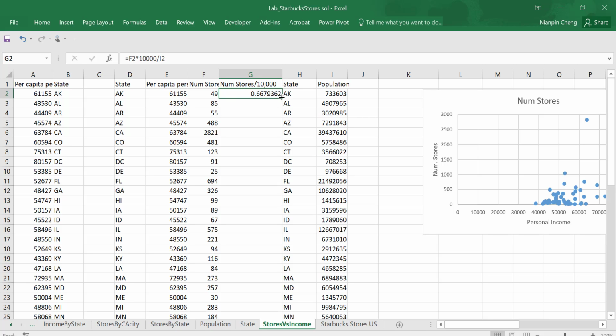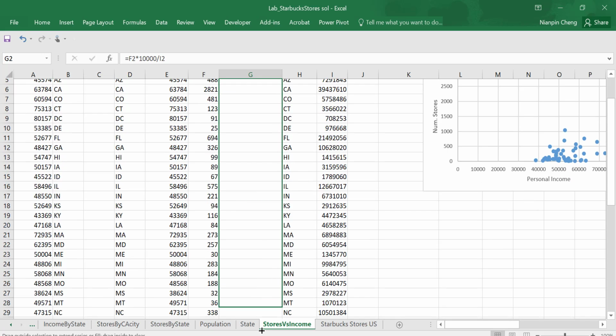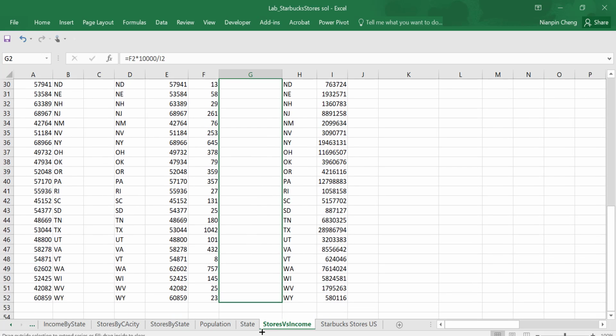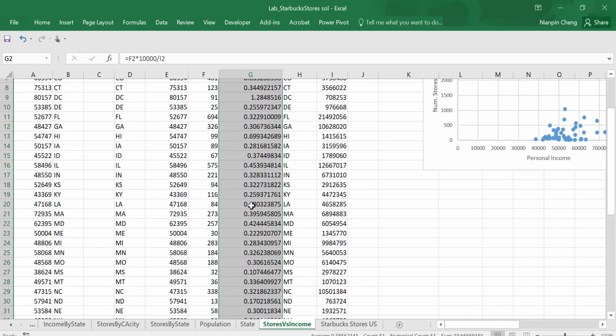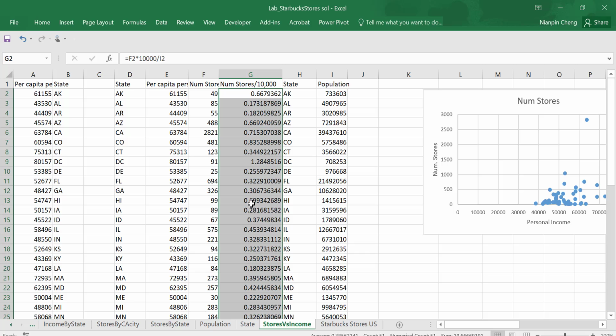So this is the formula we can drag down. That's like copy paste the formula. So we have per 10,000 people, how many stores? So for example, Washington, D.C., per 10,000 people, they have 1.28 stores.